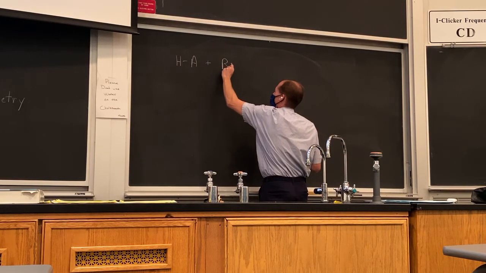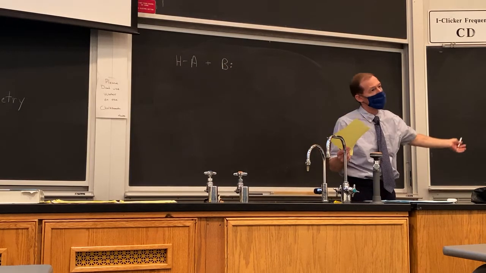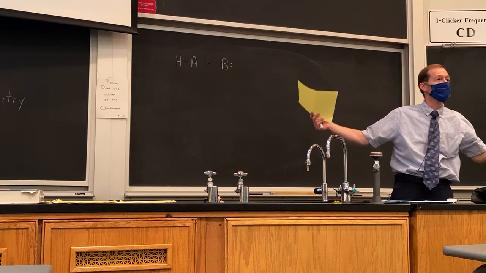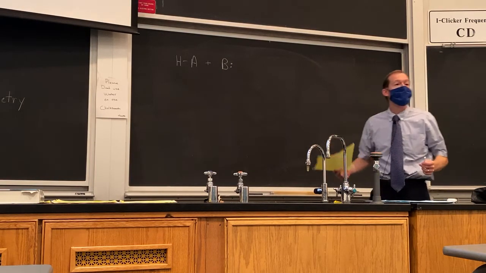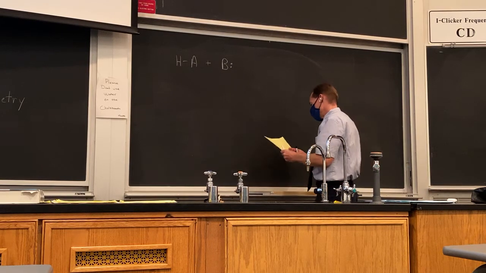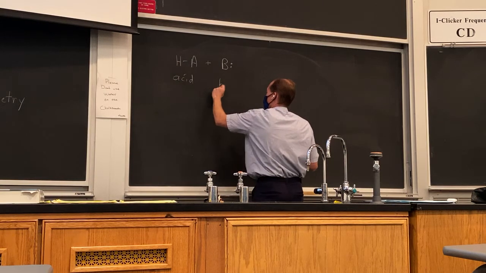And then B with a lone pair is how we would write a Bronsted-Lowry base. Some of them don't have lone pairs, but since most of them do, we will write them generically in this particular fashion. So here's our acid, here's our base.